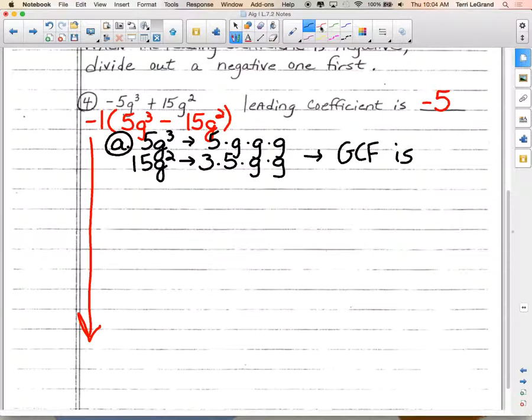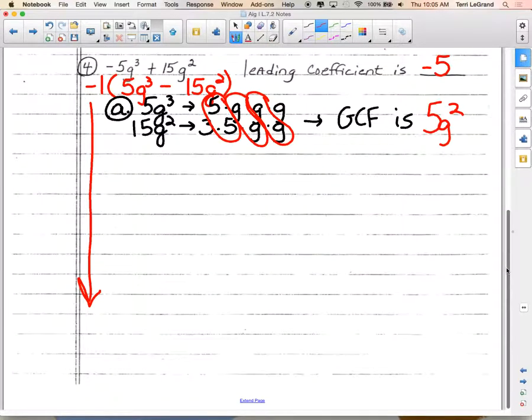We got 5 in common, g's in common, another set of g's in common. So it's going to be 5g squared. Our variable can be more than to the first power. Take out as many as we can. Okay, so now again, we don't want to forget about that. That's going to come down also at some point.